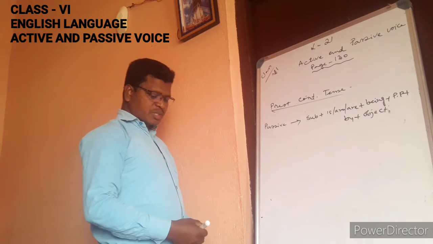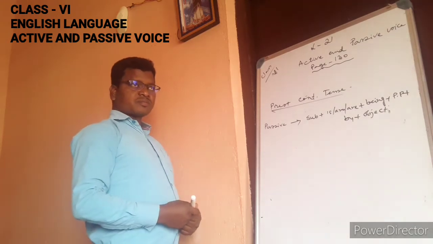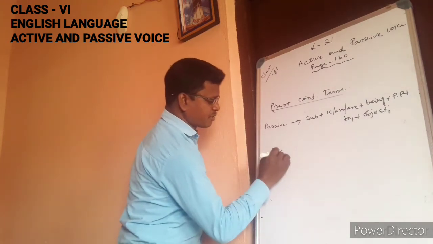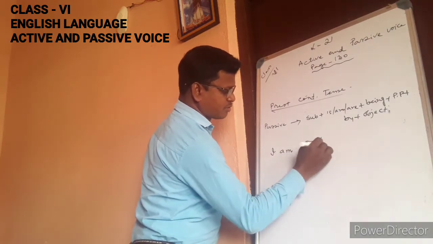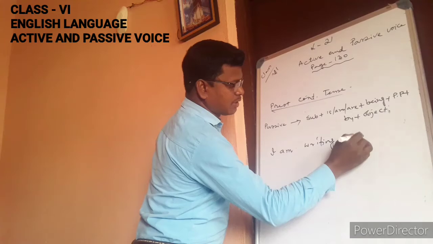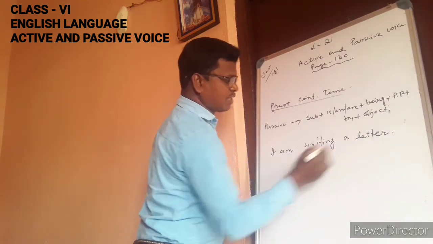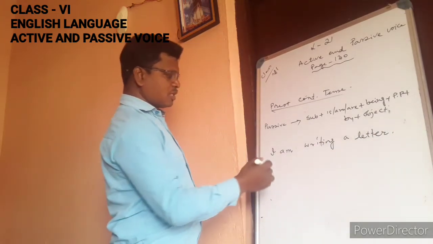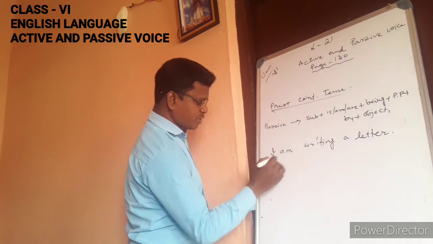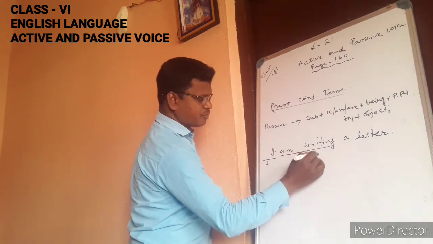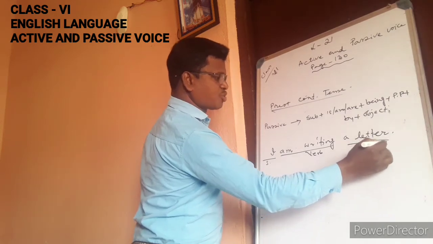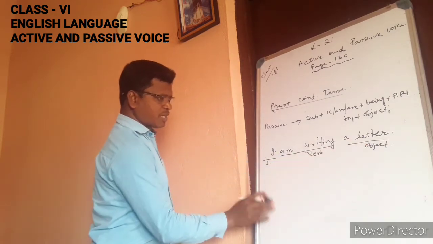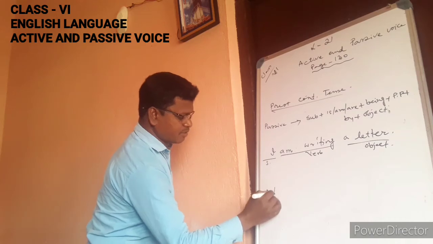Now let us see one sentence. I am writing a letter. So let us identify them. This is the subject. Here we have the verb, and a letter is the object. So as usual, this will come this side, a letter.